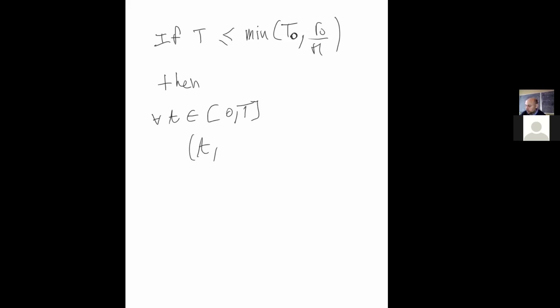If t is less than, I will take the minimum between t0, because I want that t is less than t node, and r node divided by M. Then for all t, I have that t and u of t belongs to, of course, 0t, which is included in 0t node, times the ball.